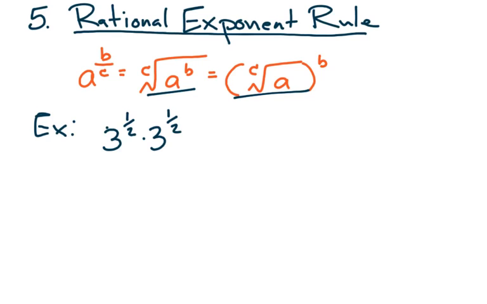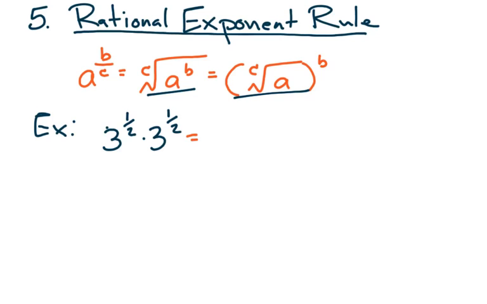And I'm just going to try to show you why this makes a little bit of sense using an example. First, I'll calculate 3 raised to the 1/2 times 3 raised to the 1/2 using fractions, okay, using our product rule. And then I'm going to show you using radicals.